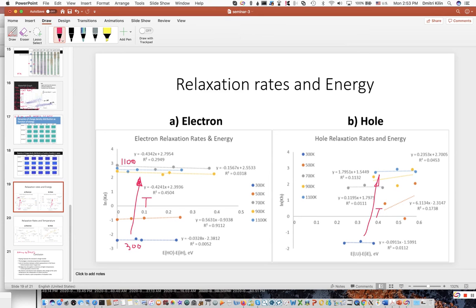There are some fine details, but generally, if temperature increases, the rate increases as well. This is not a discovery, but it is a sanity check that agrees with intuitive expectations.